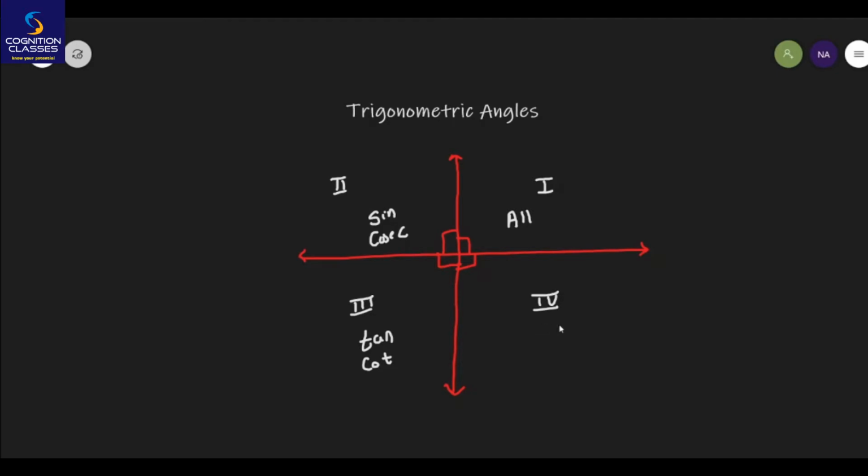In the fourth quadrant, only cos is positive, so sec is also positive. I am focusing on sine, cos, and tan, because if you get these three values, you can always find the reciprocals, the next three ratios. How can you remember this? You should remember it as All Sine Tan Cos: these are the trigonometric ratios which are positive in the various quadrants.